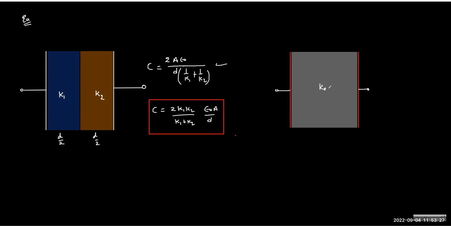If I say this is K equivalent, the d remains the same, A remains the same. So the C in terms of this will be K equivalent A epsilon naught by d, correct? And we just compare these two equations. Epsilon naught A by d is the famous answer for air, so whatever is the coefficient is acting as the K equivalent.